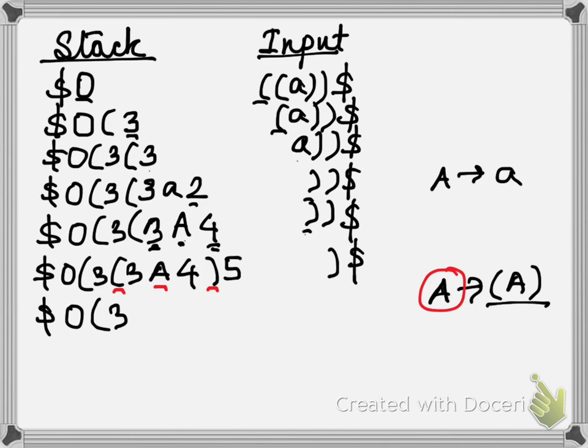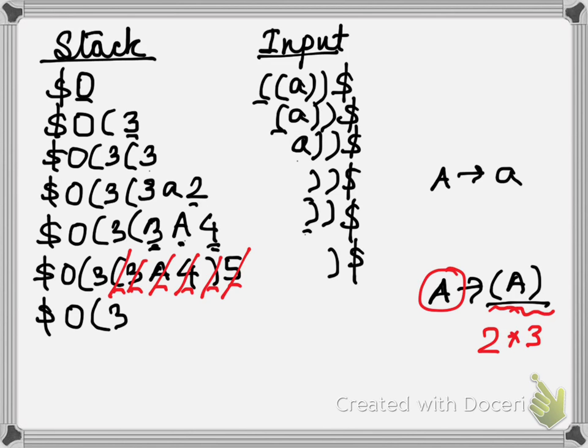But along with it, you also have the states, that is this, this and this. So if you have 3 symbols here, you have to remove 2 times this, because one is for the symbol itself and the other is for the state. So I will remove 5 parenthesis, 4 A, 3 parenthesis.